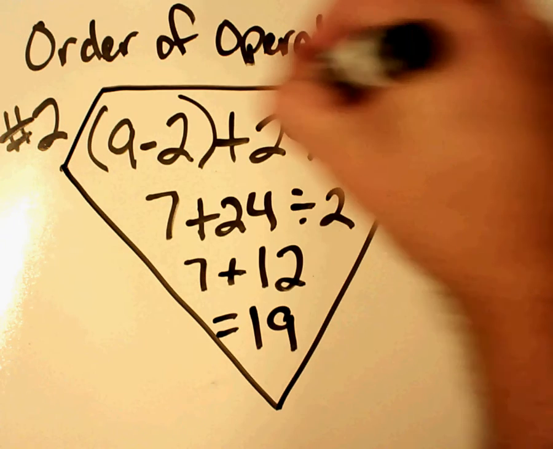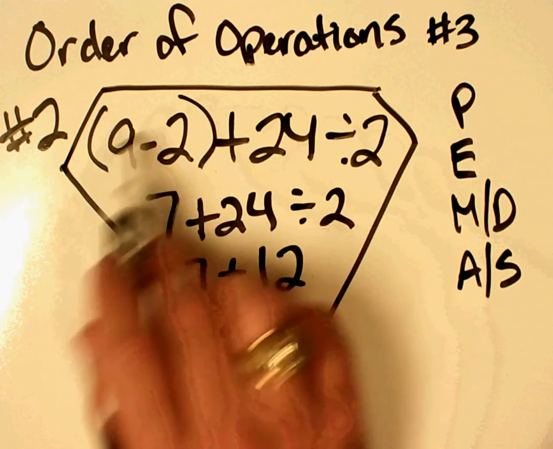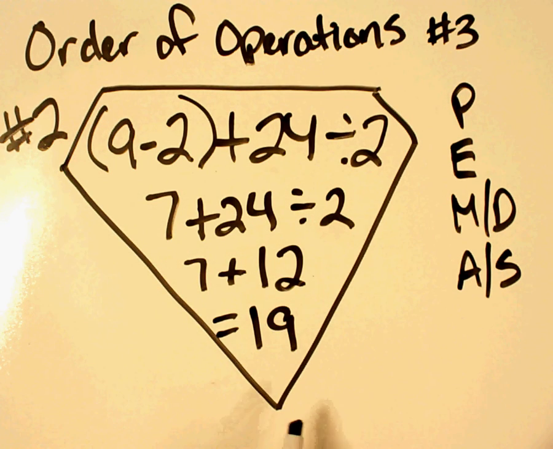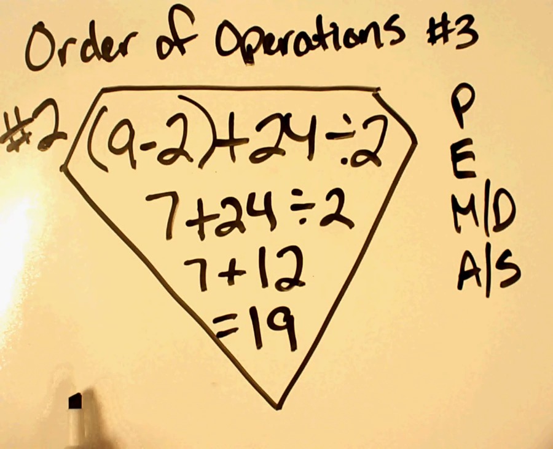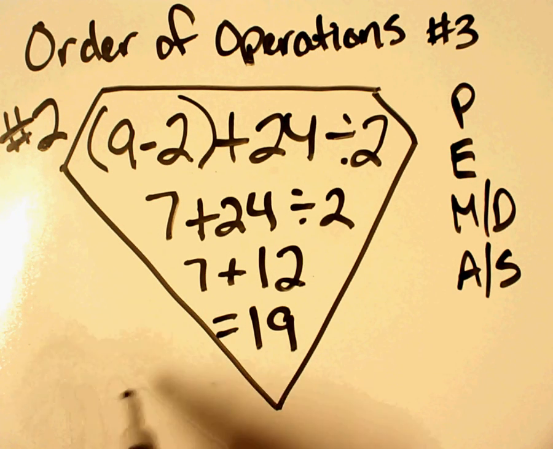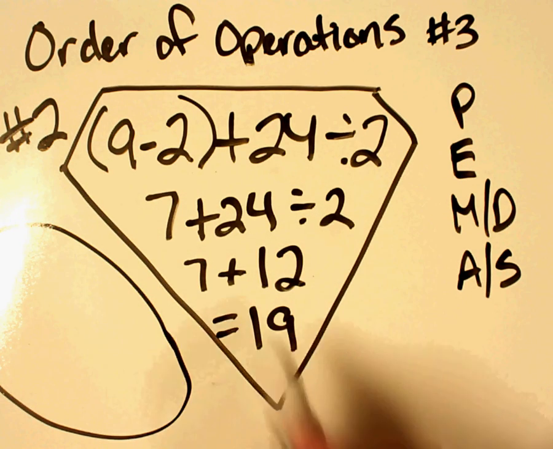And I've made my Superman chevron. Now the computation on these has been pretty simple, so I've been able to keep everything within my Superman chevron. If I needed to do some computations, we really want to do those out to the side here. We don't want to do them directly under.